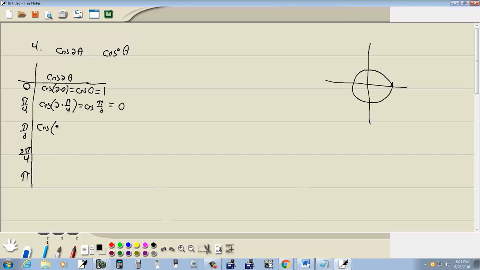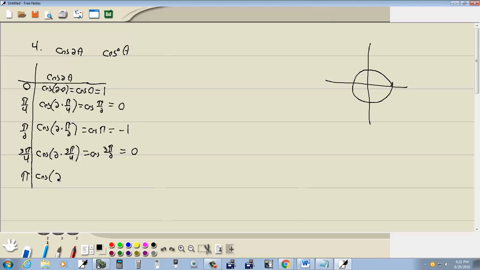This one we have cosine of 2 times pi over 2, which is cosine of pi, which is equal to -1. This one we got cosine of 2 times 3 pi over 4, which is cosine of 3 pi over 2, which is equal to 0.